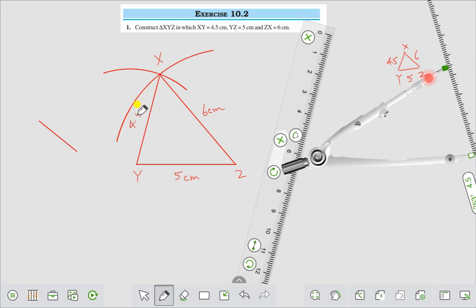This is the required triangle, and we have used here the side criterion to draw this triangle.